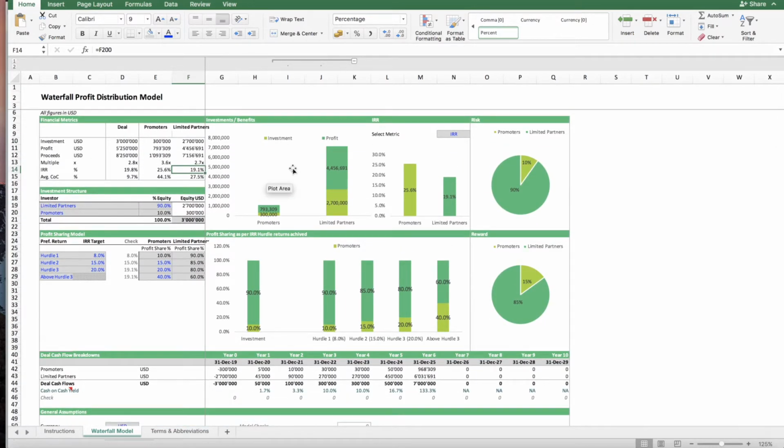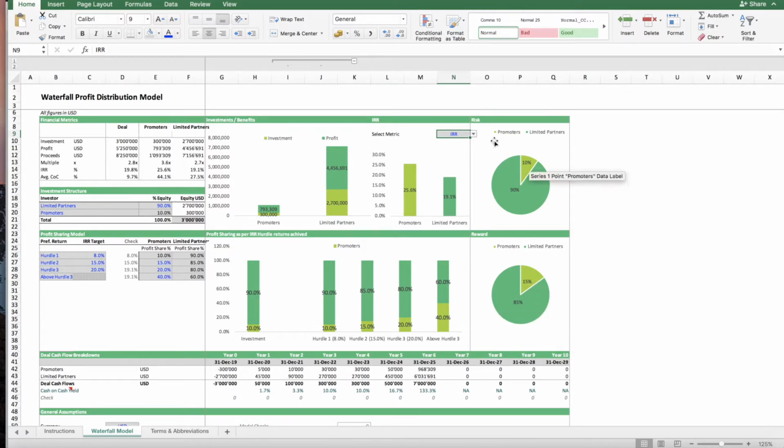We also have some graphics. We can look at the IRR. We can also look at the average cash on cash yield, which includes the exit value. We also want to look at the risk and the reward. You can see that the promoters put in 10% of the capital and they should get 15% of the proceeds.